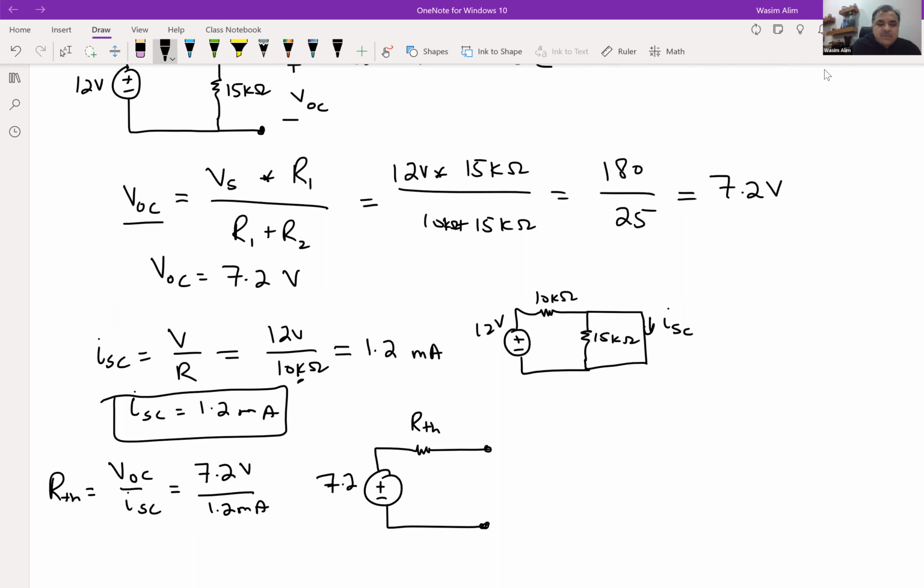So this becomes 6, and the milli would make this kilo ohms, because volt over amp is ohms, and the milli when transferred is going to become kilo. So now we have 6 kilo ohm for the R Thevenin.